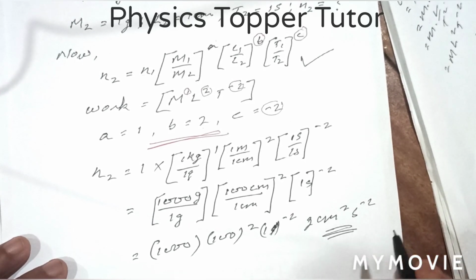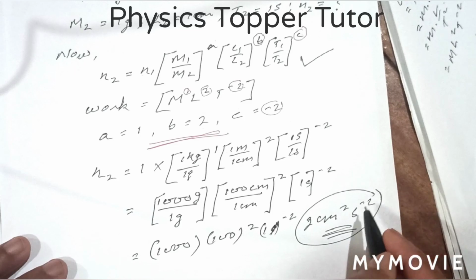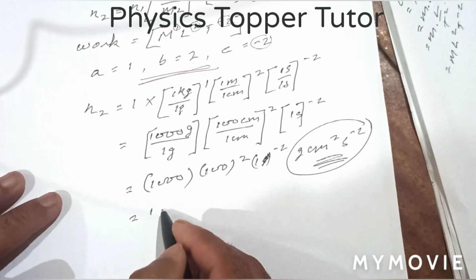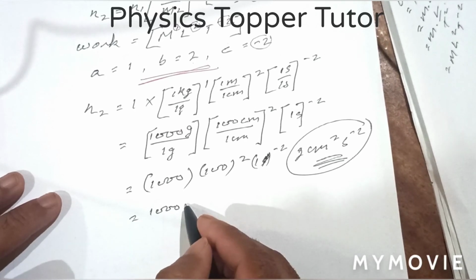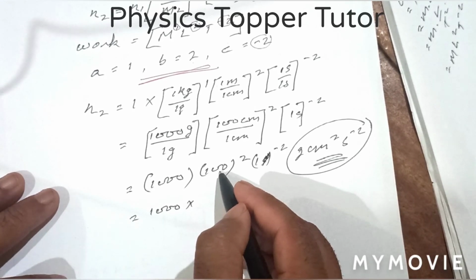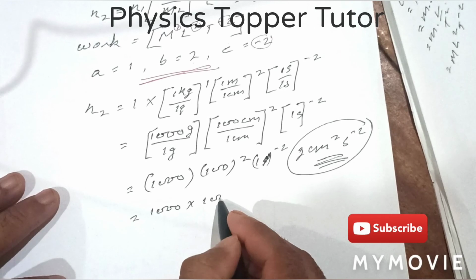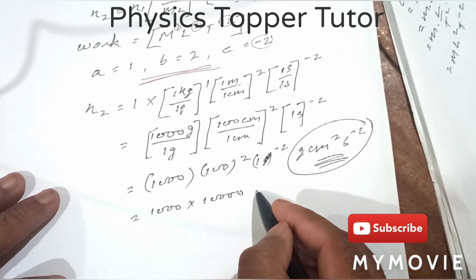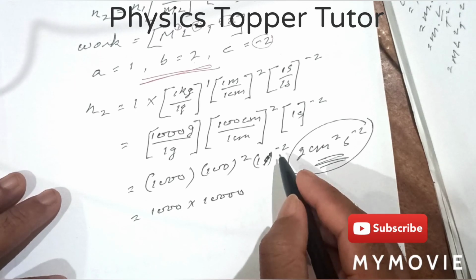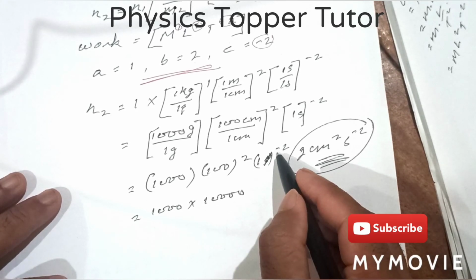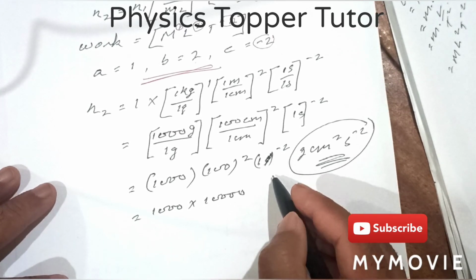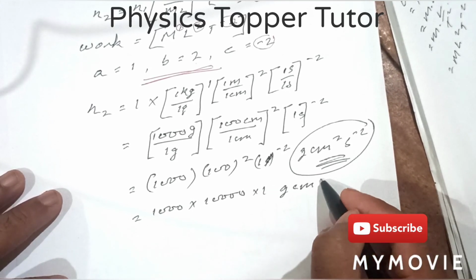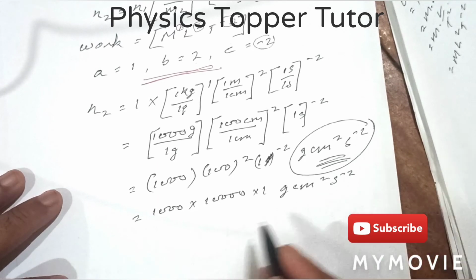Okay, this is the unit. Now 1000 into 100 square is 10,000. 4 zeros, isn't it? So anything to the power 1 is 1. Okay, so into 1 gram centimeter square per second square.